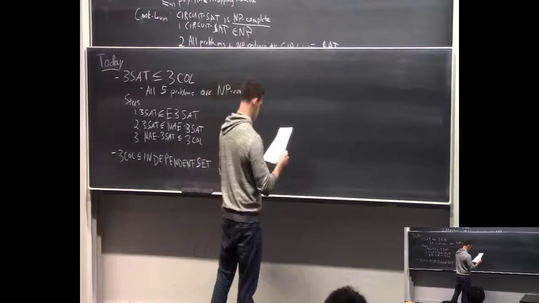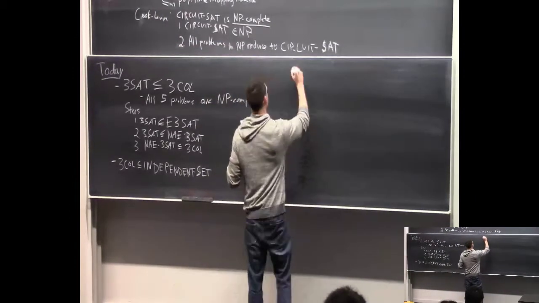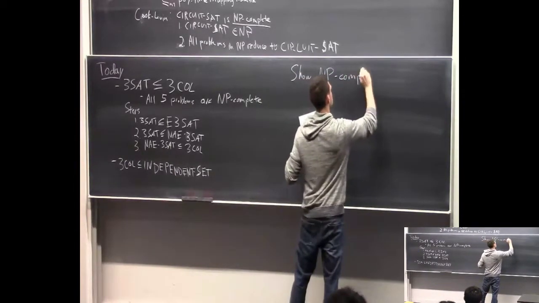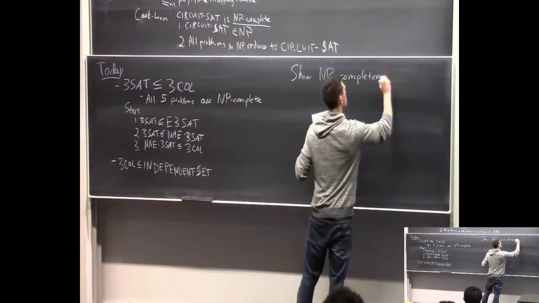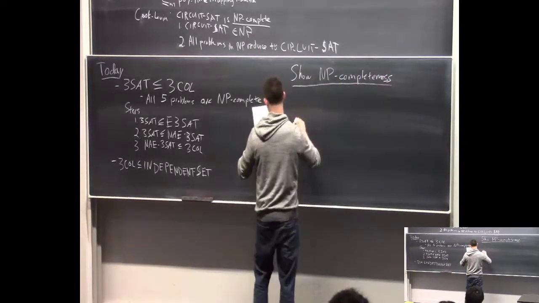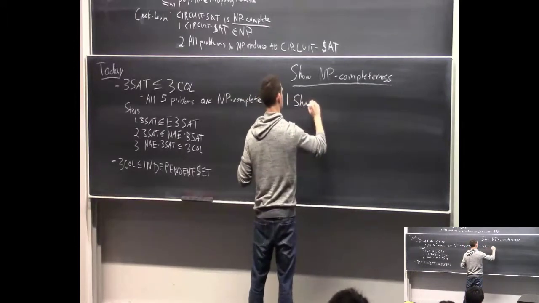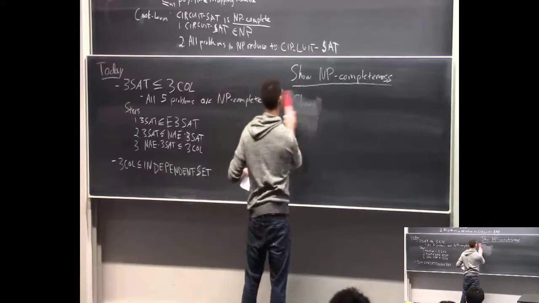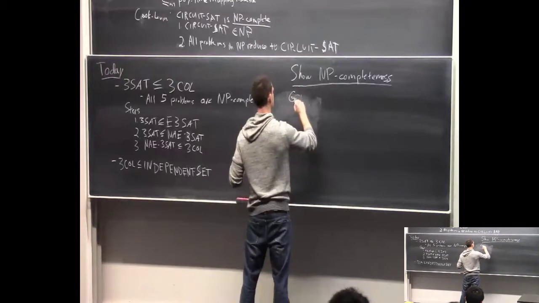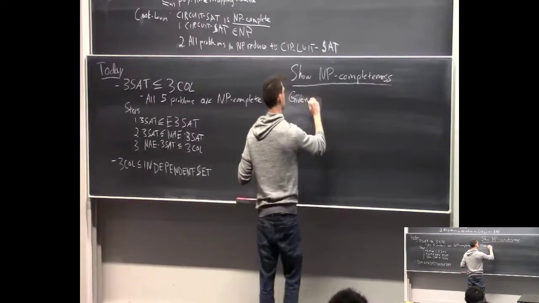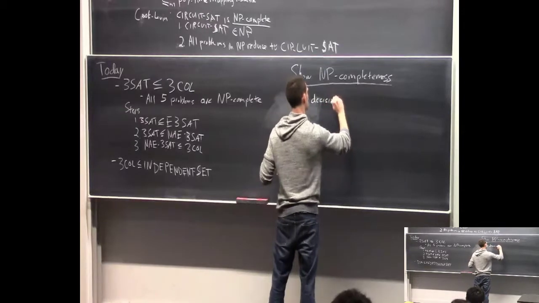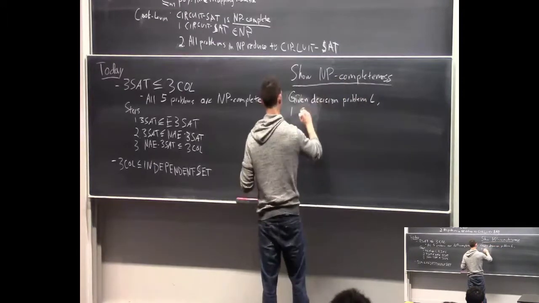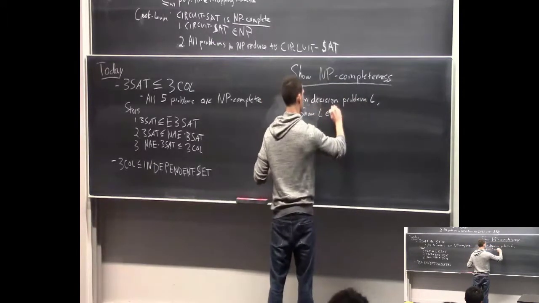Before we get into that, let's just recall how we show NP-completeness. We're given a decision problem L. One, we want to show that L is in NP.